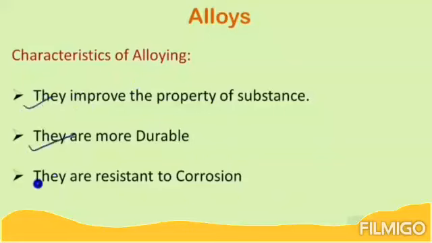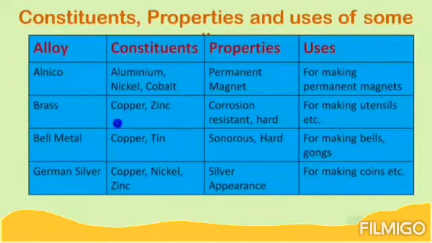Characteristics of alloying. Here we have some examples of alloys. You may see the constituents of alnico here: aluminium, nickel and cobalt.